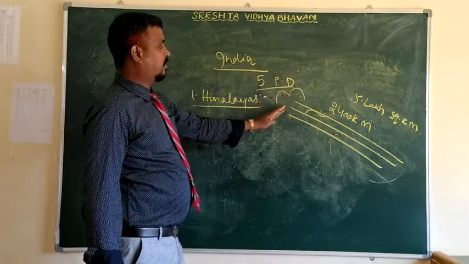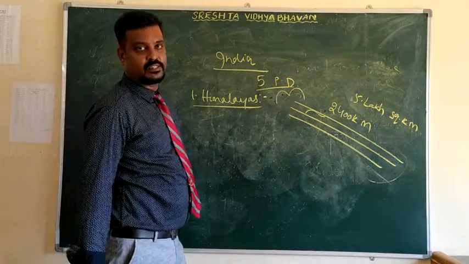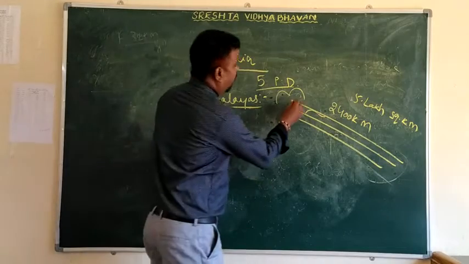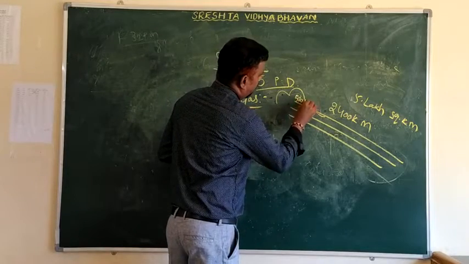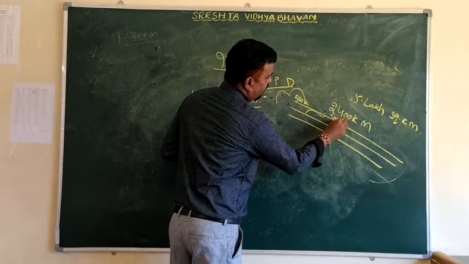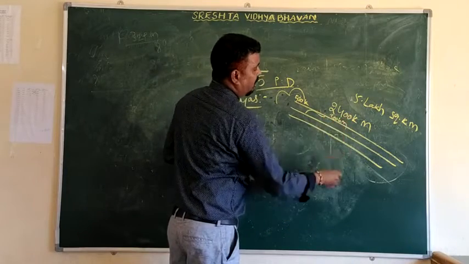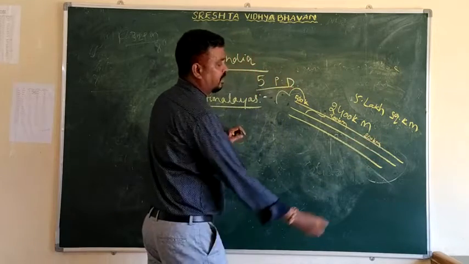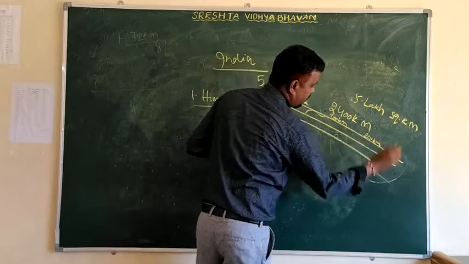The width differs from place to place. In Jammu and Kashmir, the width is 500 kilometers. In some places it is 300 kilometers, in some places 200 kilometers and in some places 100 kilometers.